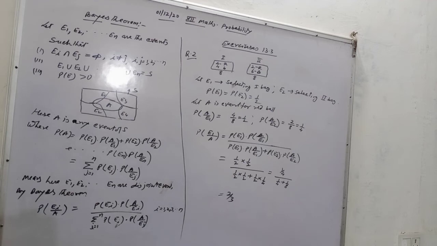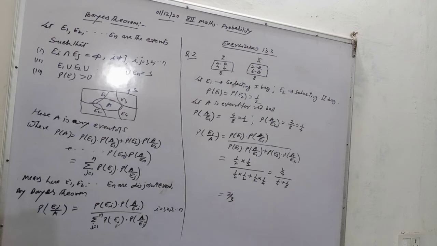According to the statement there are 2 bags. When you draw a ball from the first bag, take event E1, drawing a ball from the first bag. The second event E2 is drawing a ball from the second bag. So there are only 2 events here.